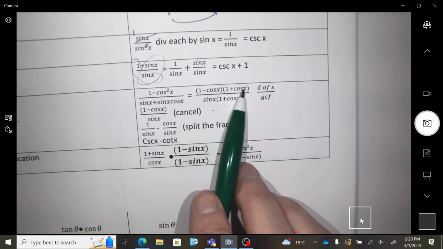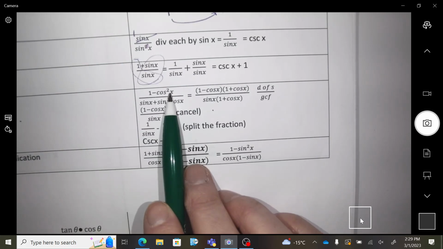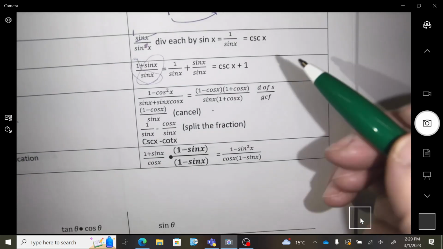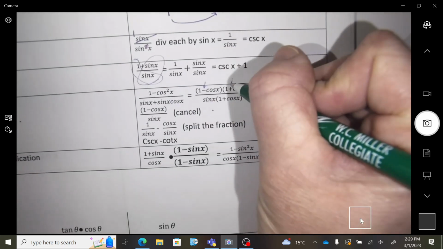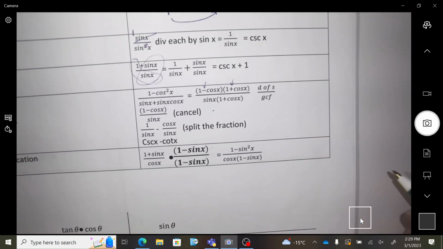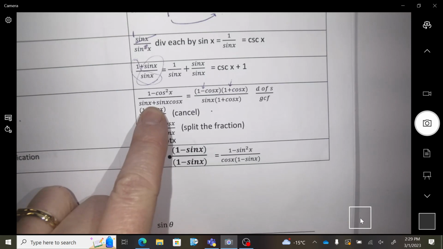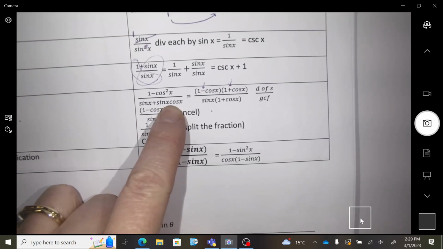Cos x times cos x makes cos squared x. And what do you always know about difference of squares? There's always a plus and a minus, right? Then on the bottom, do you see this term and this term? Both have something in common that I could divide out.